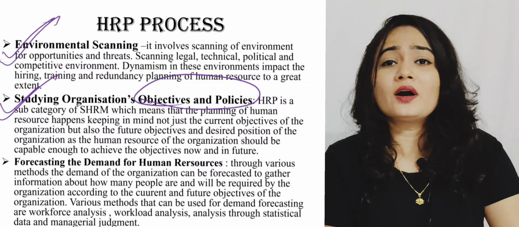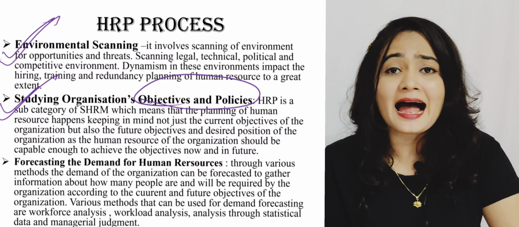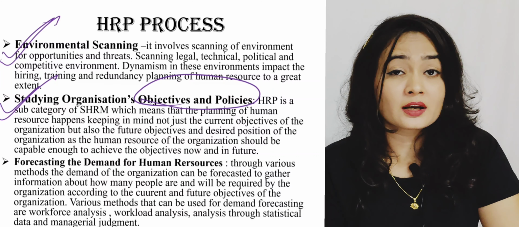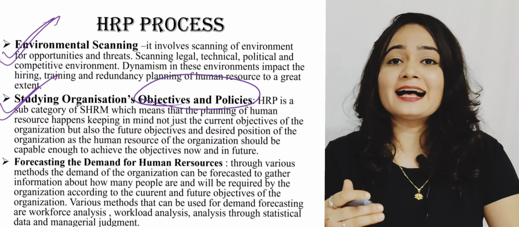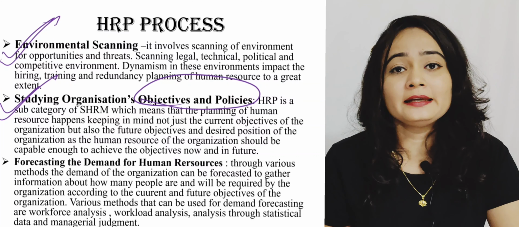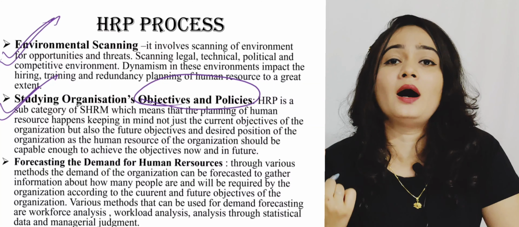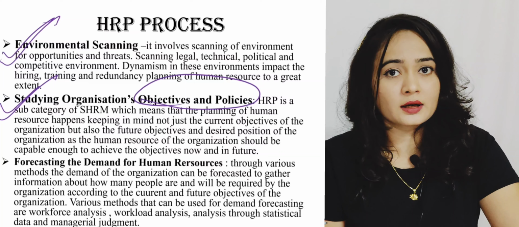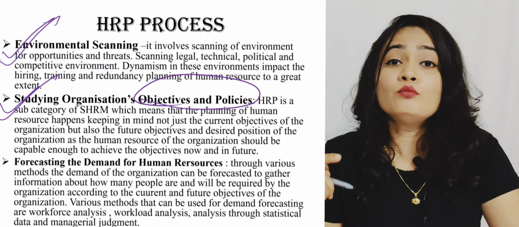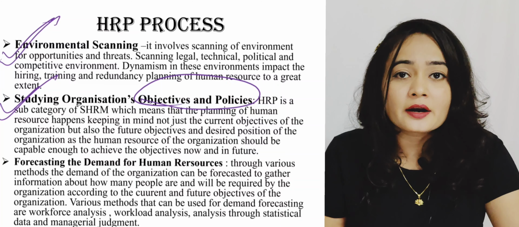So therefore, whatever human resource planning we are doing in our organization, whatever activities we are carrying out, as per the human resource planning, we are doing it for one and only reason. We are doing it to achieve the objectives of the organization. We are doing it to move our organization to a desired position from the current position.